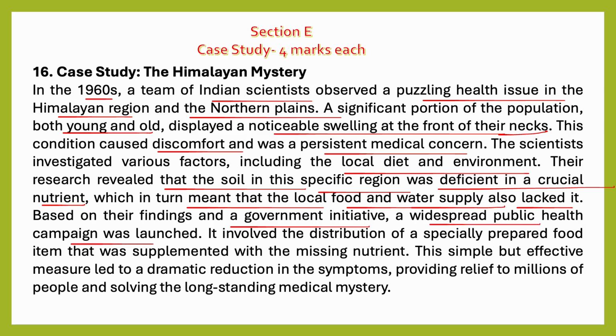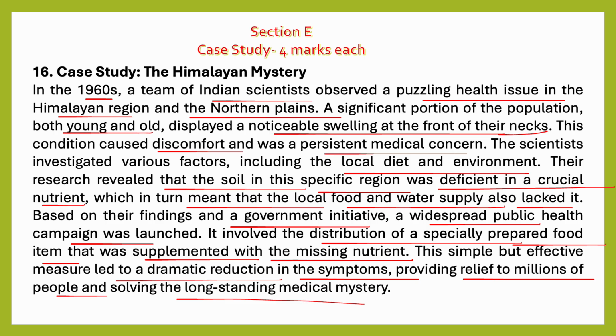It involved the distribution of a specially prepared food item that was supplemented with the missing nutrient. This simple but effective measure led to a dramatic reduction in the symptoms, providing relief to millions of people and solving the long-standing medical mystery.